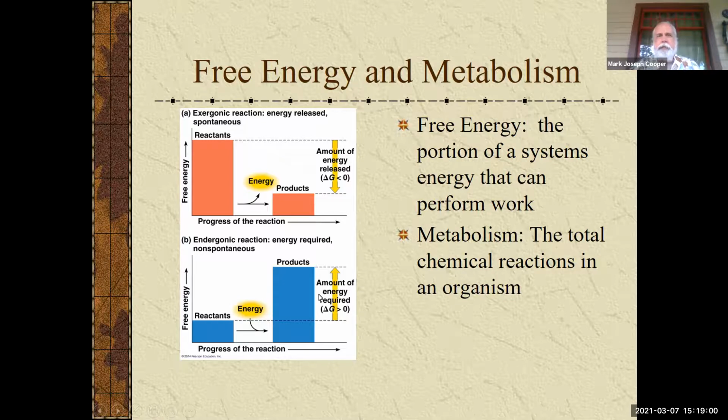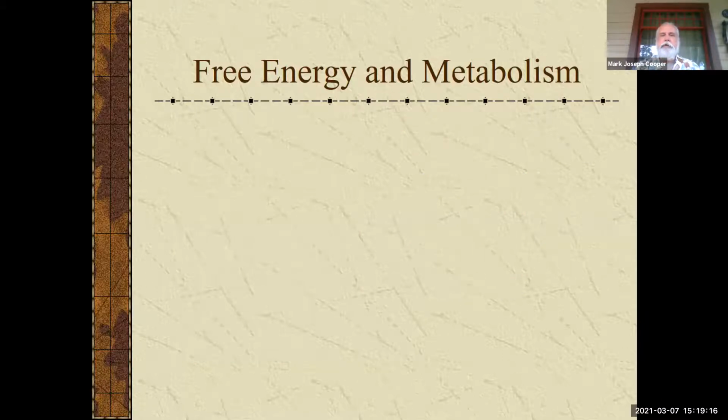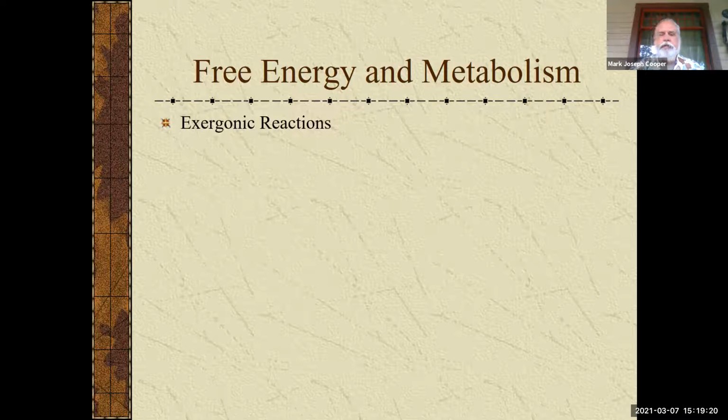And reading over peer-reviewed journals and things, what you'll see is often, depending on obviously the topic, they'll be talking about delta G's. And so I want you to realize what those numbers mean. So here's an exergonic reaction. Again, it's one that releases energy.